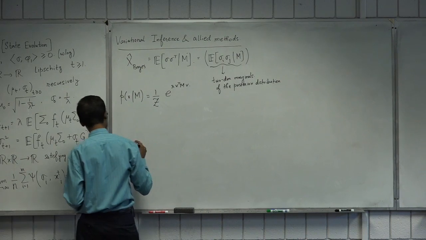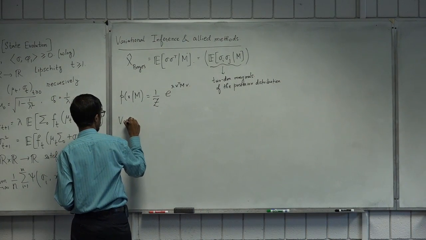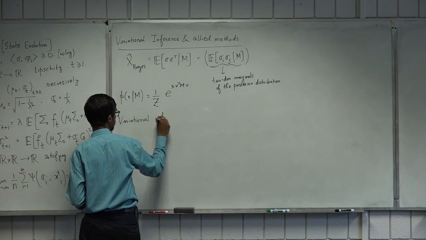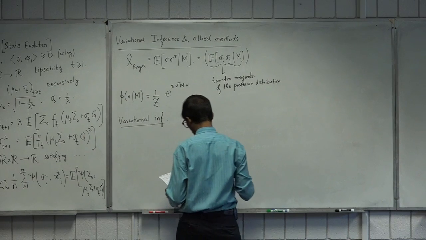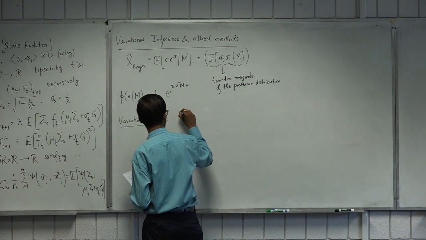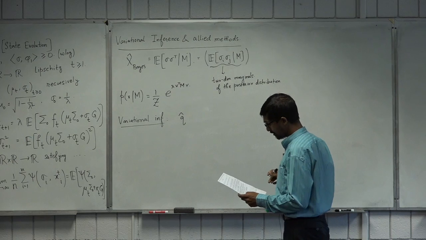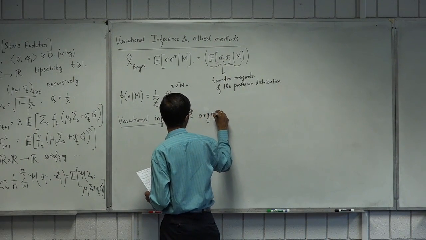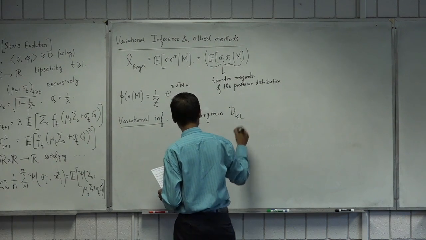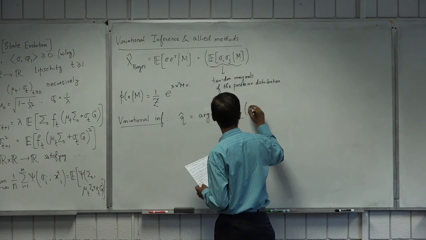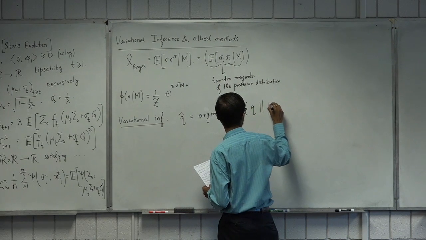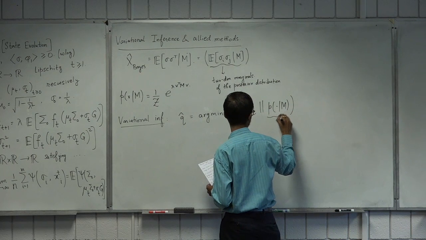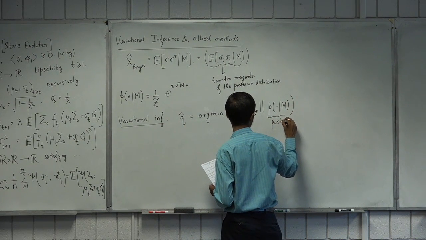So this leads to the idea of variational inference, where you try to get a good approximation to your posterior by minimizing the KL divergence between Q and P. This is your posterior.